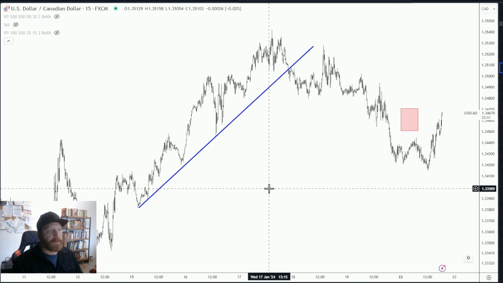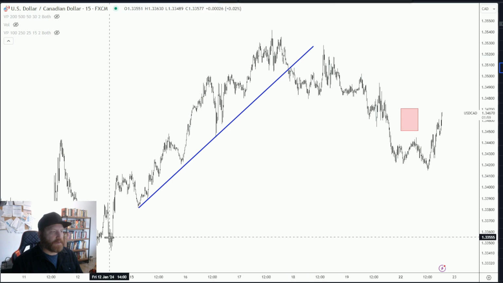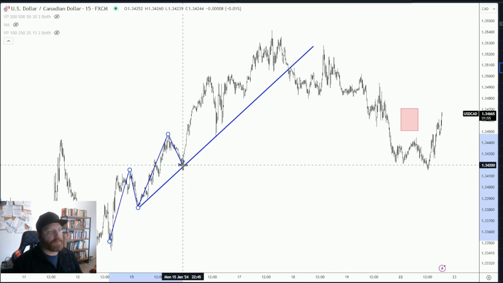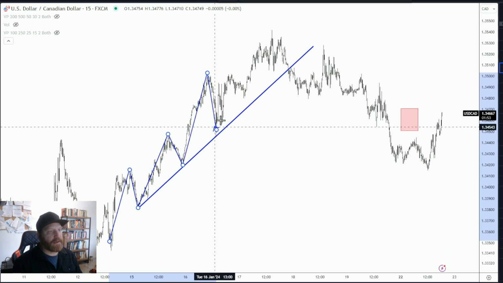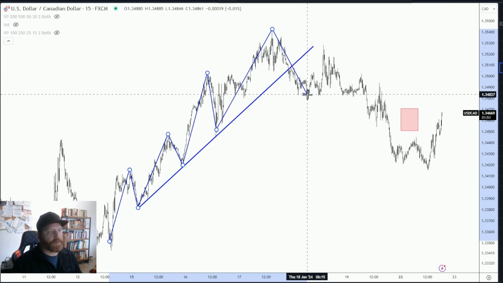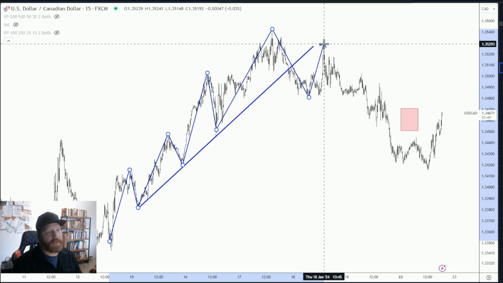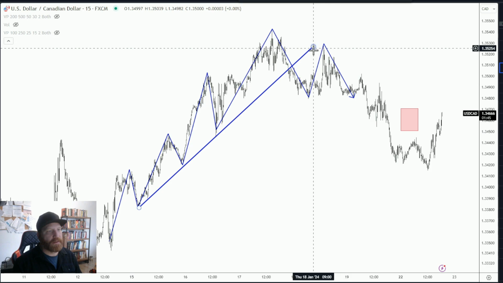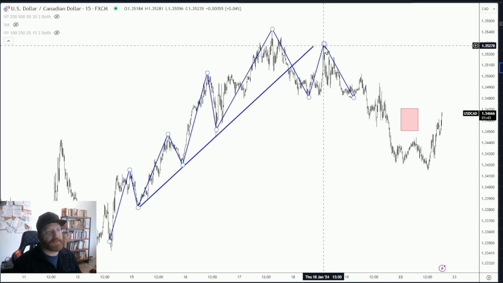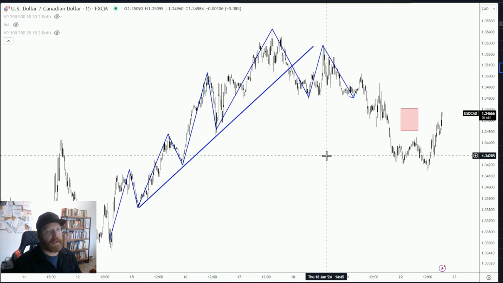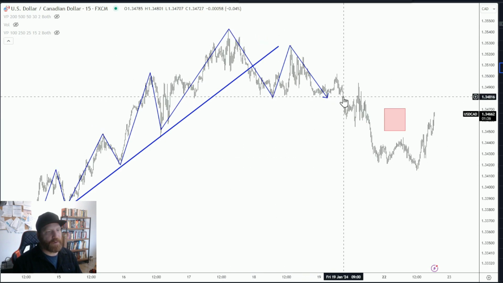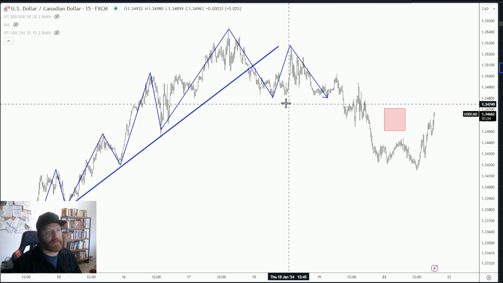And now from here, you basically have the structure that says it's going up, are higher highs and higher lows. But at some point, we get a lower high around here. So this one becomes a valid high, and this one as well, from the moment that it gets penetrated on the downside.